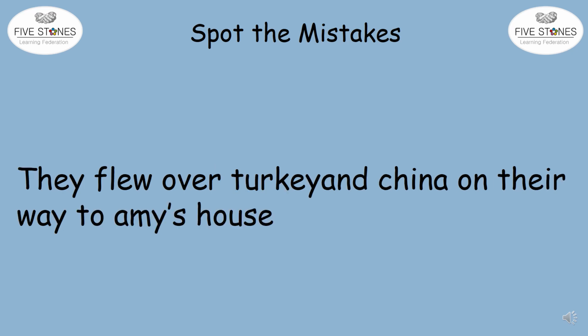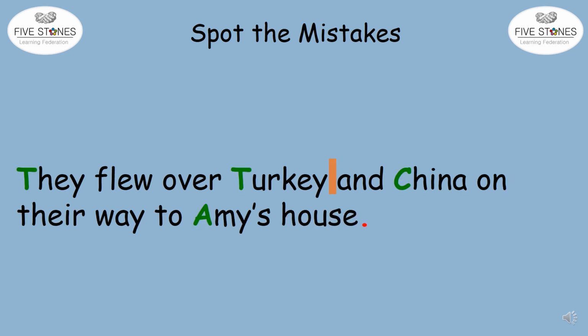Now it's your turn. Look at this sentence. They flew over Turkey and China on their way to Amy's house. What would you change? Pause the video and rewrite this sentence, remembering to use capital letters, finger spaces, and full stops. Now, check your sentence against mine.